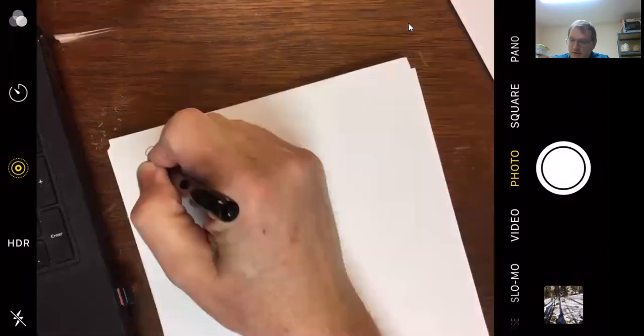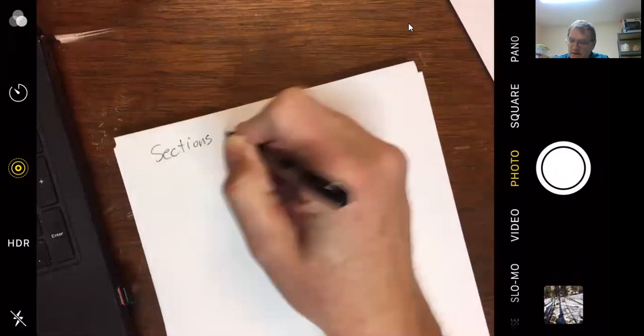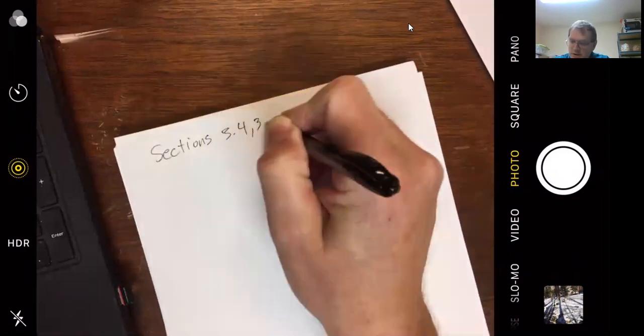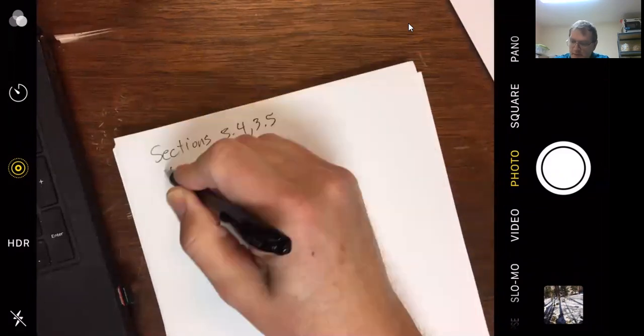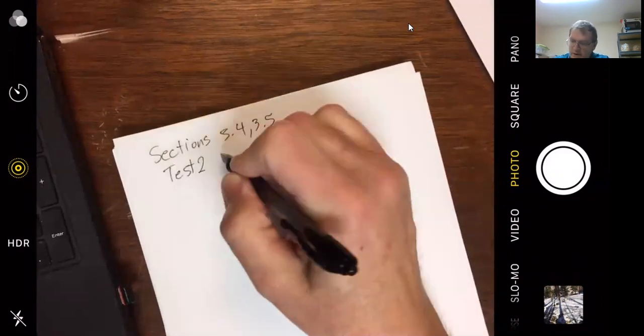We're doing sections 3.4 and 3.5 this week, and Test 2, covering sections 3.1, 2, 4, and 5, is tomorrow.